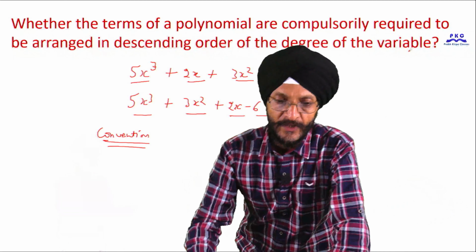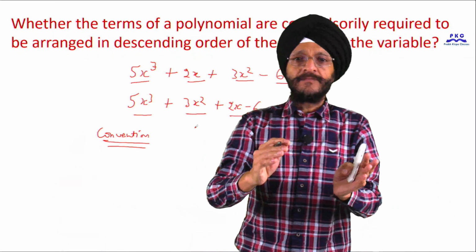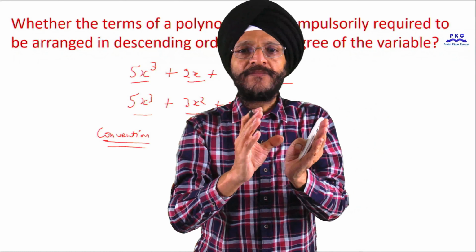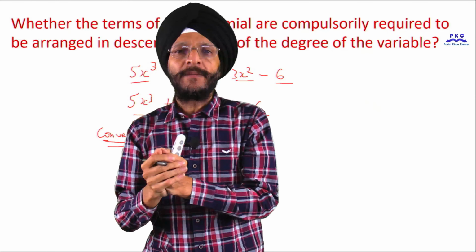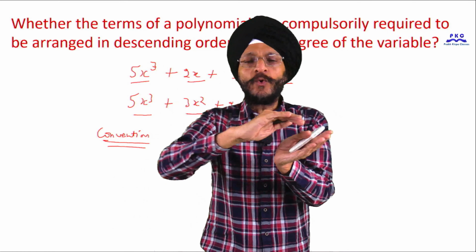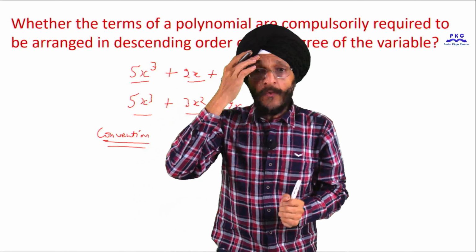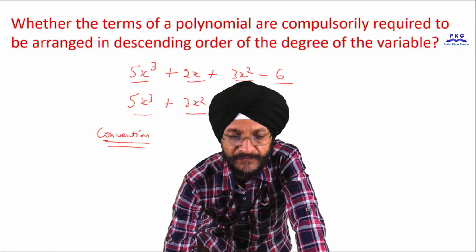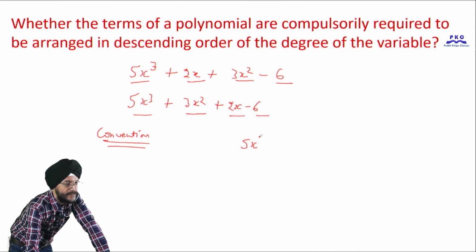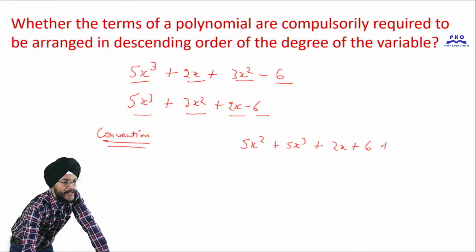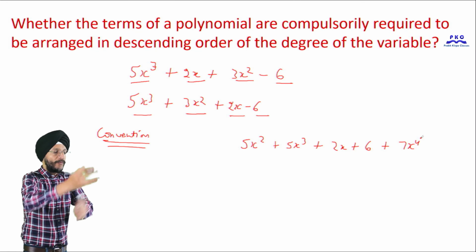Why is it done so? So that we can easily identify the highest power and the lowest power of the variable, and we can also do work with the polynomials. What type of work is required to be done? Suppose we are asked to do some multiplication or some addition or subtraction of two polynomials.